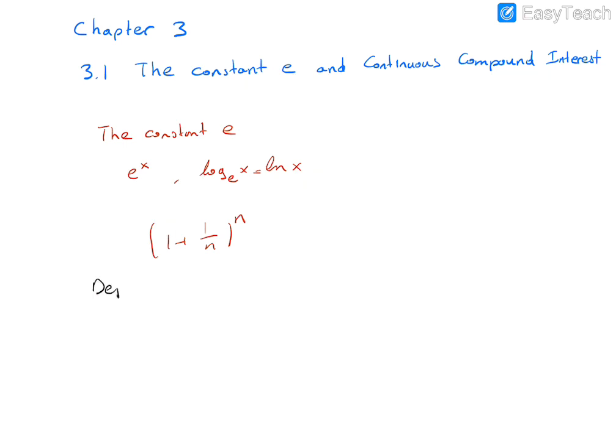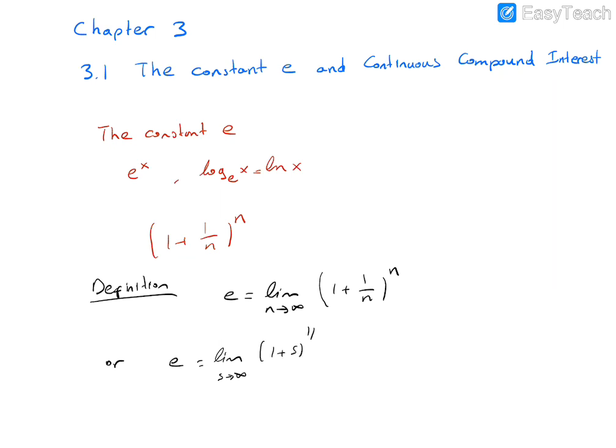So, definition: e is the limit, when n goes to infinity, of 1 plus 1 over n to the power n, or equivalently, e equals the limit, when x goes, or let's say s according to your textbook, s goes to infinity, of 1 plus s to the power 1 over s.